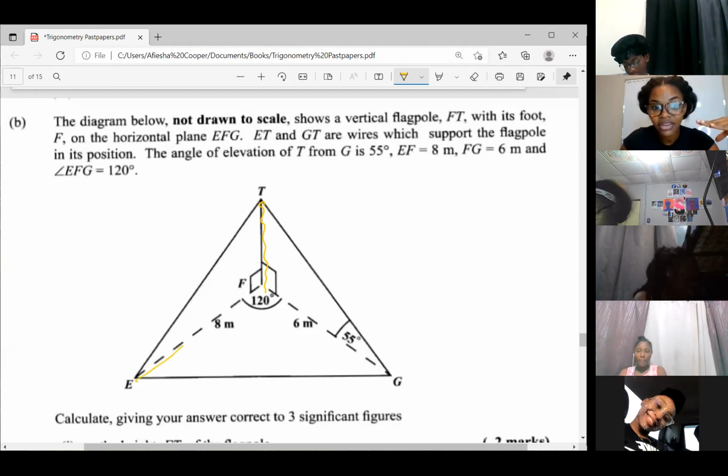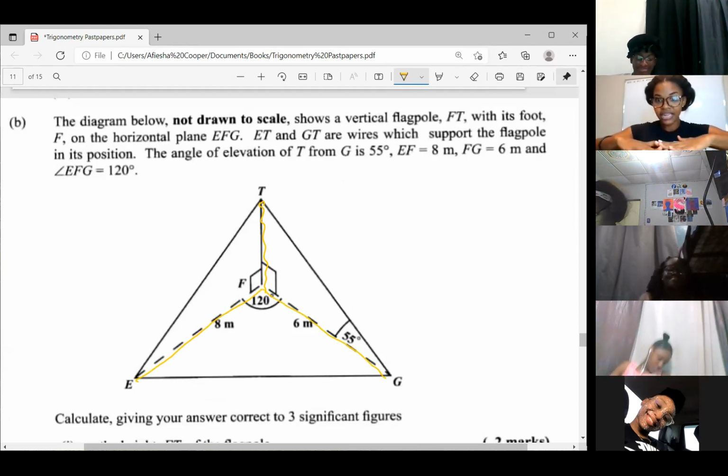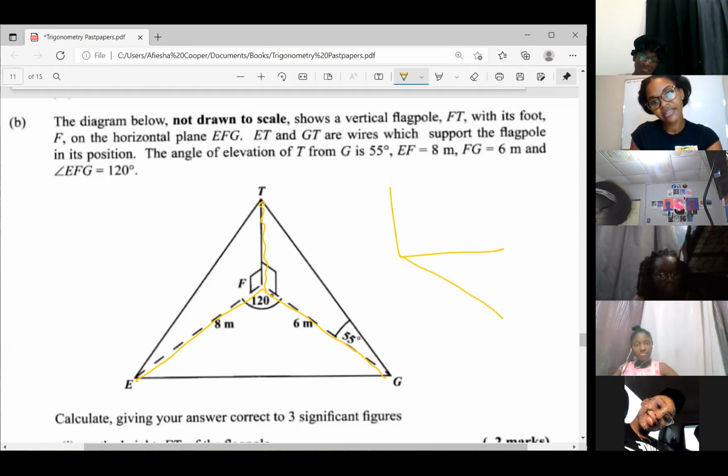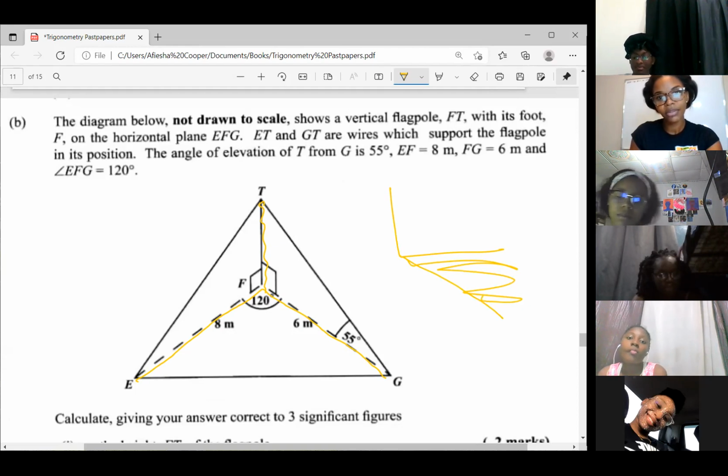So that means this is the ground. I know it's looking up in the sky, but that's the ground, because they said it's horizontal, flat. That's why you were supposed to read it to get that understanding. So this is the pole, and this is the ground and the pole standing up.